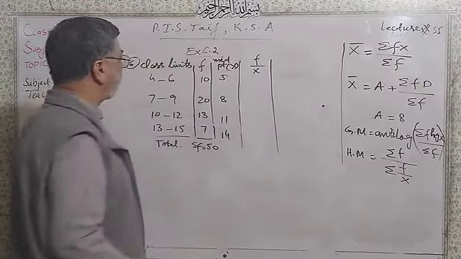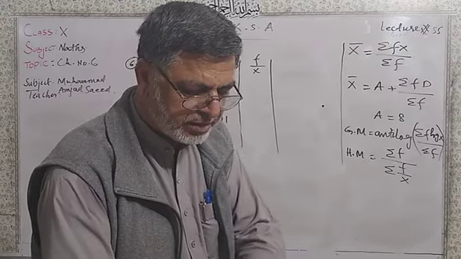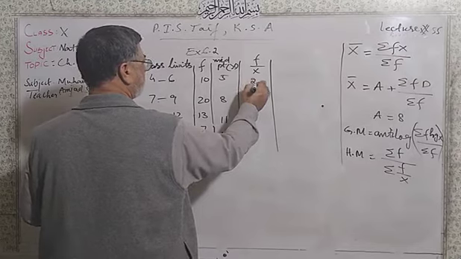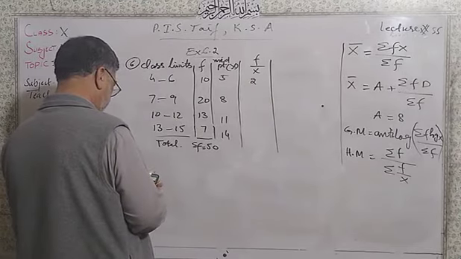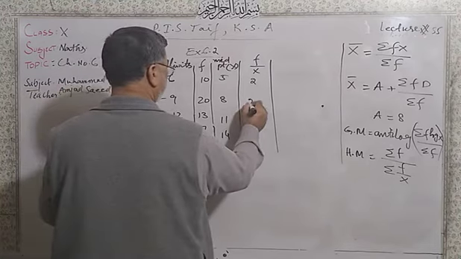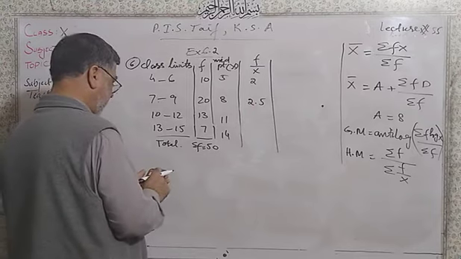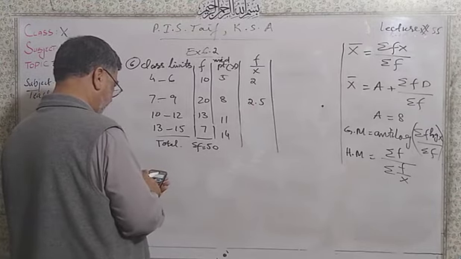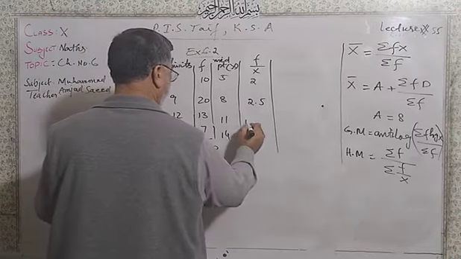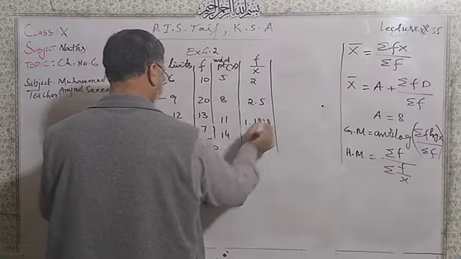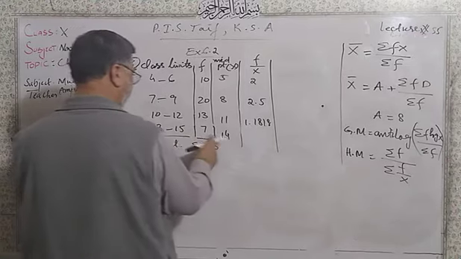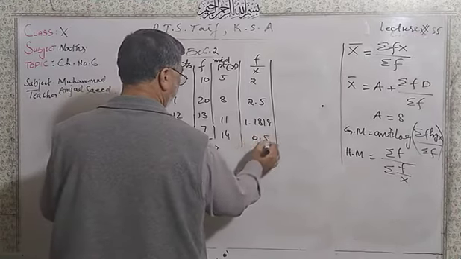Next column is f over x. 10 over 5 is 2. Then 20 divided by 8 equals 2.5. 13 divided by 11, that will be 1.1818. Then 7 divided by 14, 1 over 2, that is 0.5.